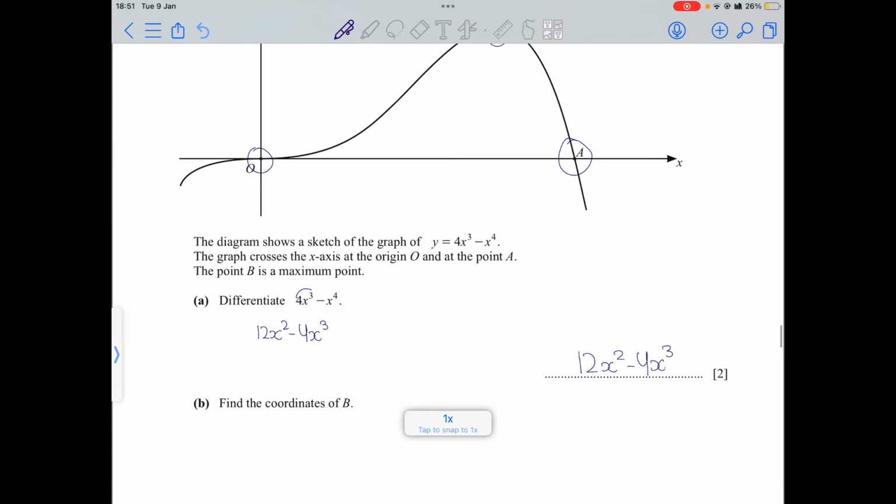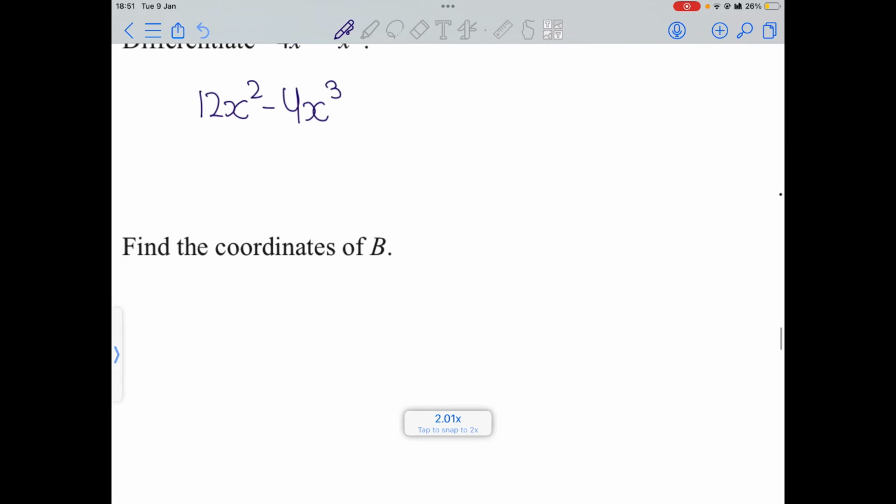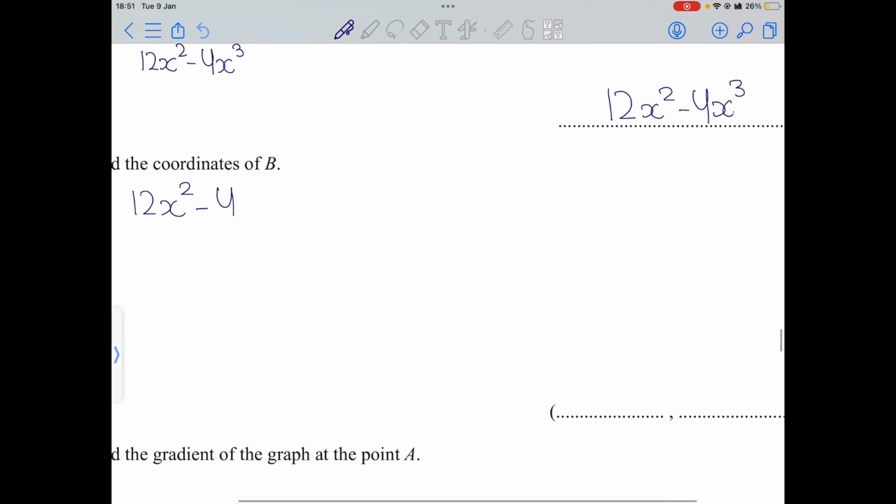Now find the coordinates of B. B is the maximum point, or turning point, where the gradient is 0. When you differentiate and put in the x values, it gives you the gradient at that x value.